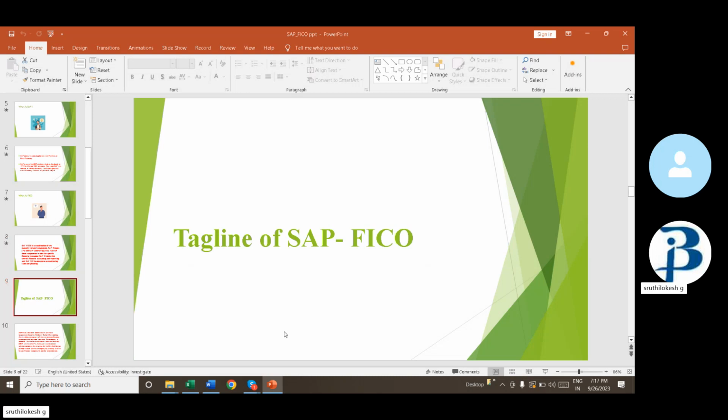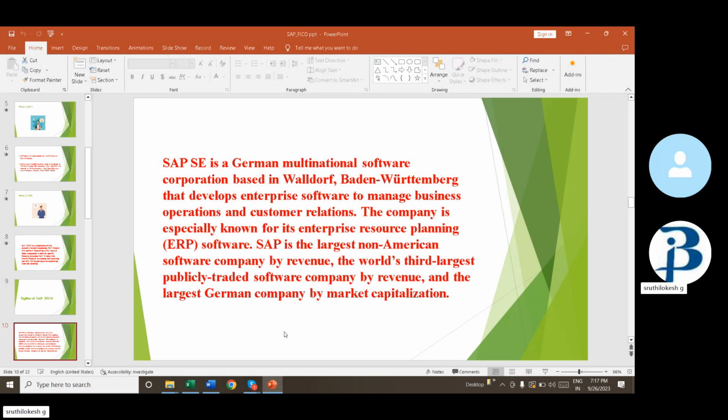Next, the tagline of SAP FICO: it is used to manage business operations and customer relations. Here we develop the relation with the customer, meaning we should do all the business transactions the customer needs, or that the company must do.